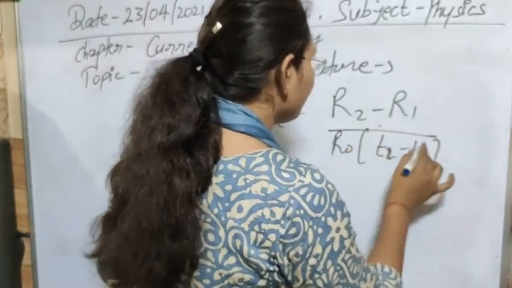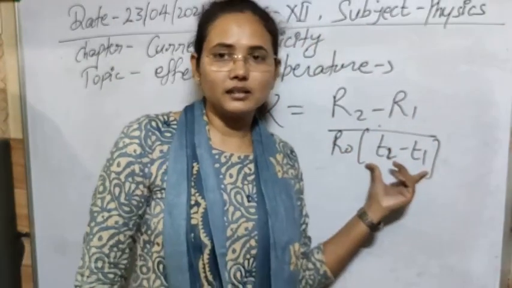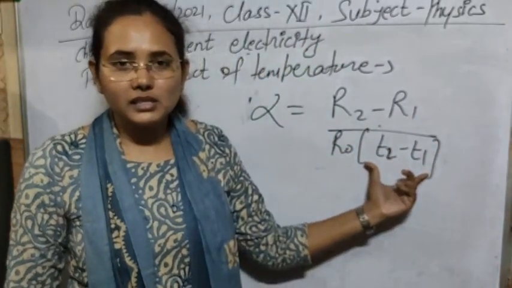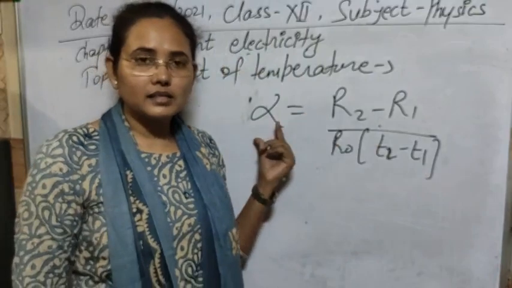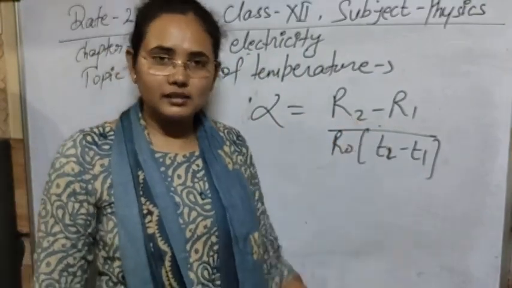If there is a great change in temperature but alpha is very small, then definitely there will be very small change in resistance.